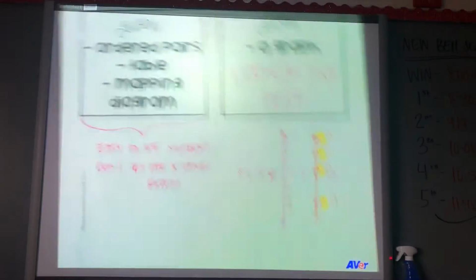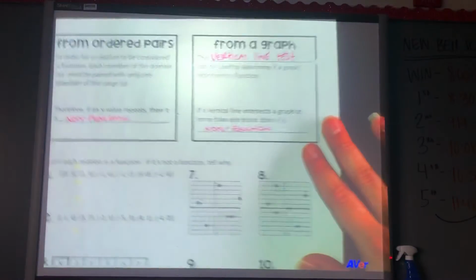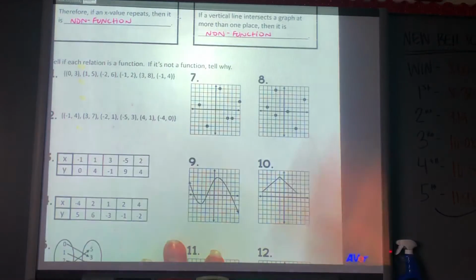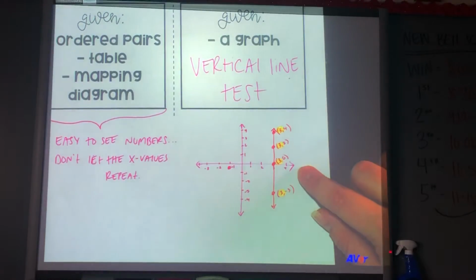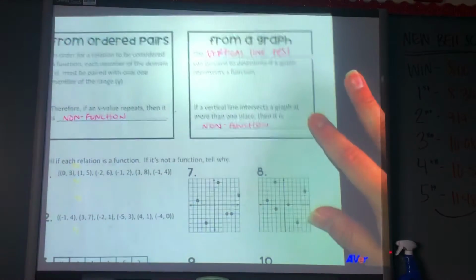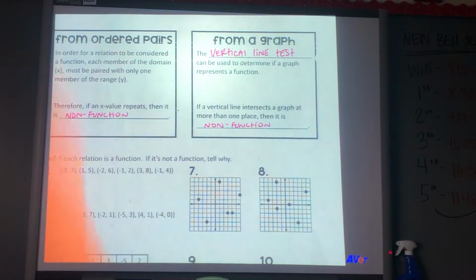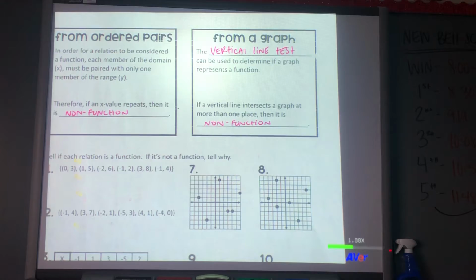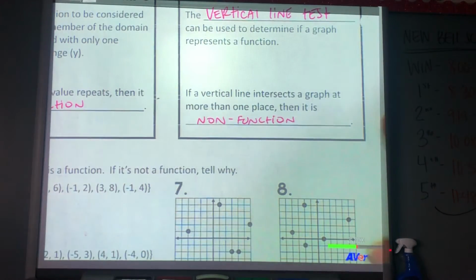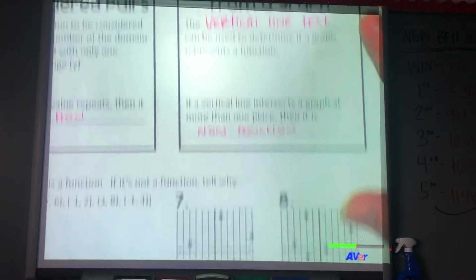So let's go over to this side. I'm going to work with the graphs first, just because we just talked about how to do a vertical line test. So at the top it says, a vertical line test can be used to determine if a graph represents a function.